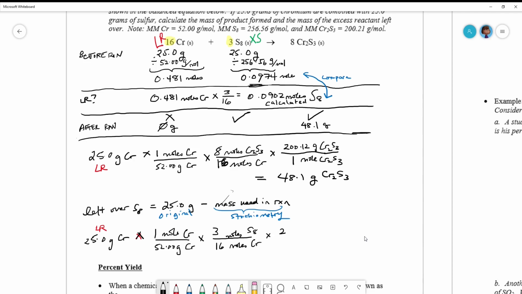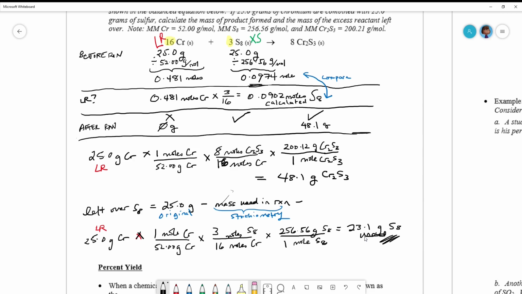And last but not least, 256.56 grams of sulfur for every 1 mole of sulfur. And apologies for the handwriting. Well, I plug and chug this out here, and I ended up getting 23.1 grams of sulfur. Now, this is the amount of sulfur used in the reaction.